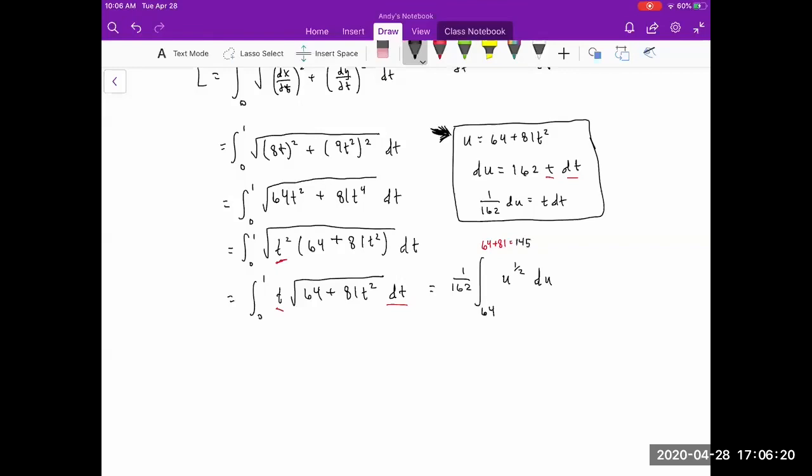Now we can take the antiderivative. The antiderivative of u to the 1/2 is u to the 3/2 divided by 3/2, so multiplied by its reciprocal, 2 over 3. The 1 over 162 is still multiplied, and then we evaluate between our new limits. It's actually shaping up not too bad.